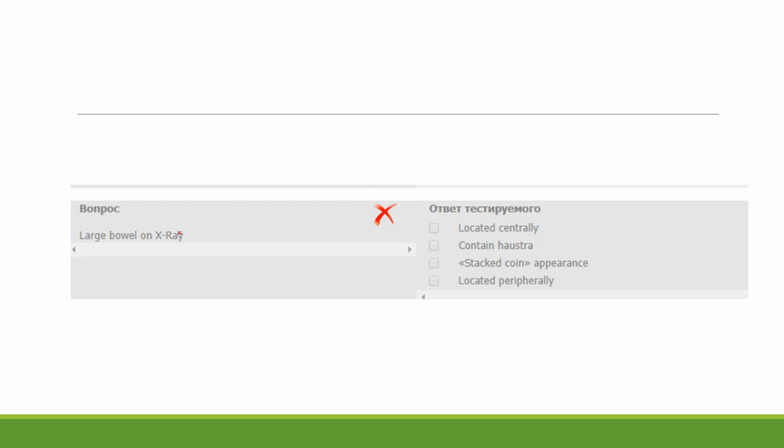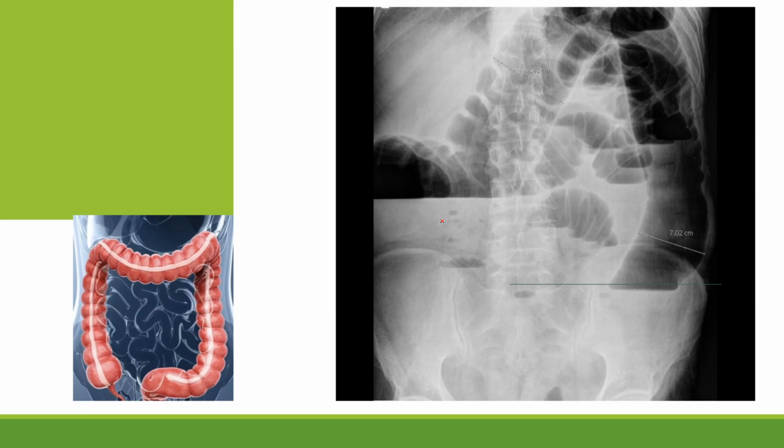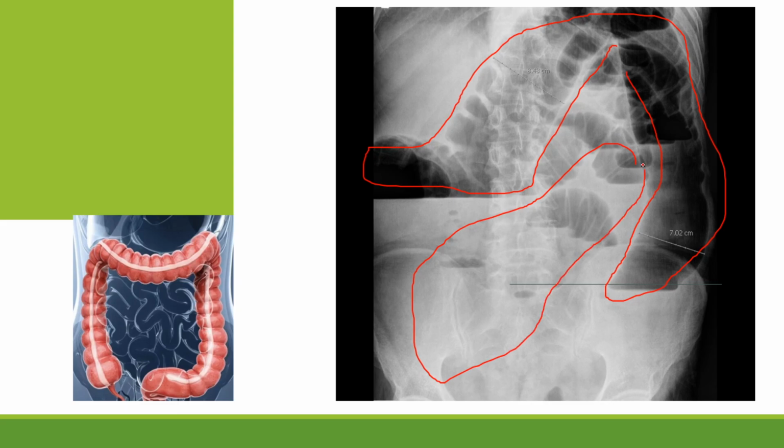Large bowel on X-ray. If you look at the picture, you see that it is a large bowel, and we don't see it in the center, only in the periphery. If you look at normal anatomy, it is only in the periphery.